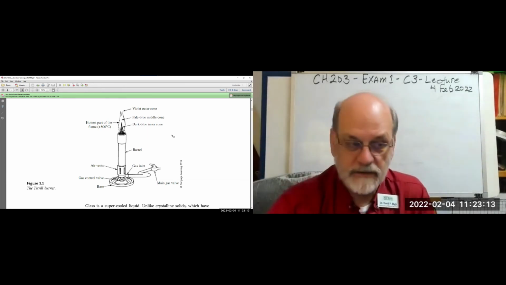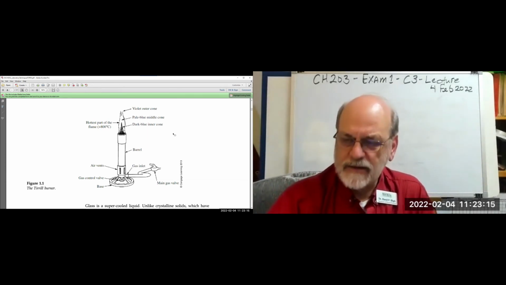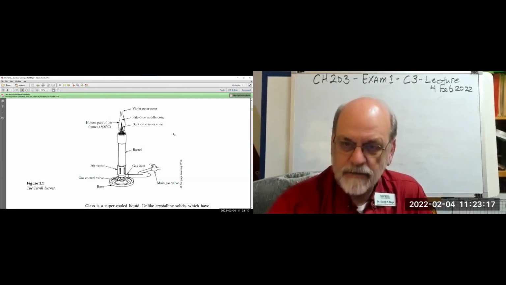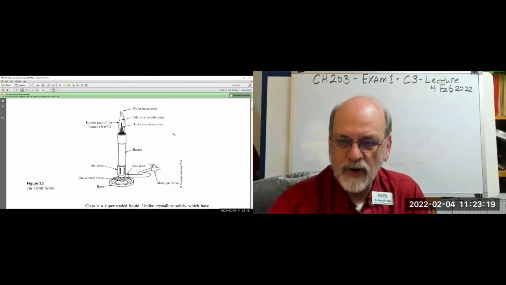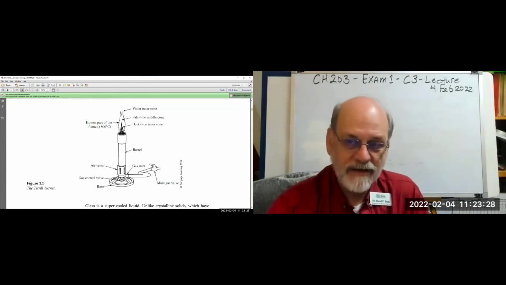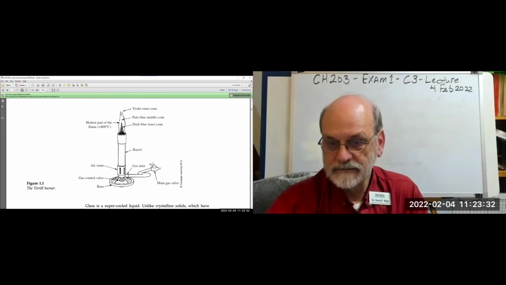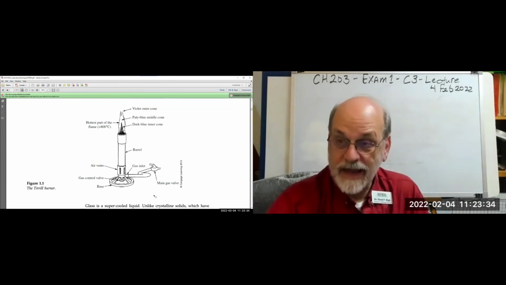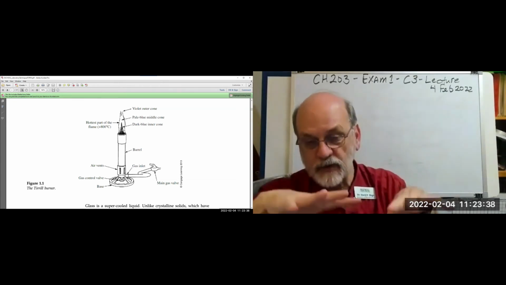Now, how to adjust it? Well, it depends. If you have a Bunsen burner with a built-in gas control, it'll be located down here at the bottom. But if you don't have that, then you adjust the gas control from the main valve. Now, the air vent controls the input of oxygen, so it's actually the balance between the two.